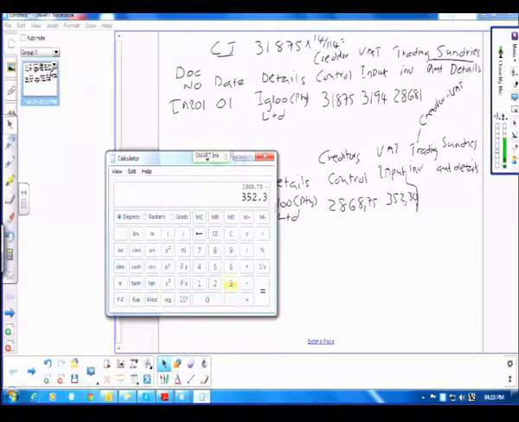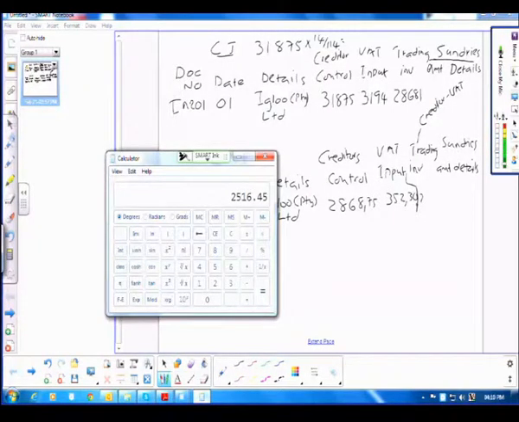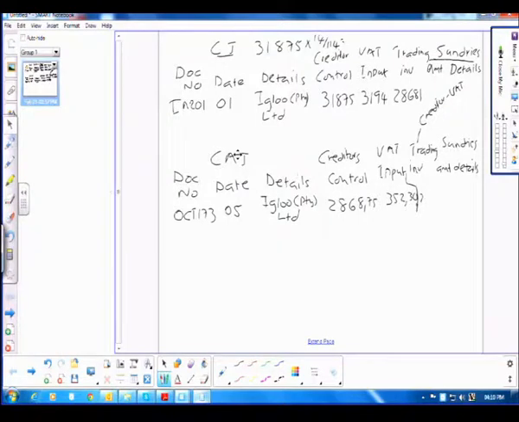All right, so 0.3 is as good as 30, so we have the answer. All right, so our answer here in the trading inventory will be 2516.45. So this is in the inventory column.